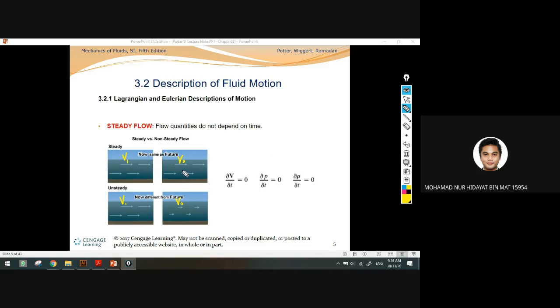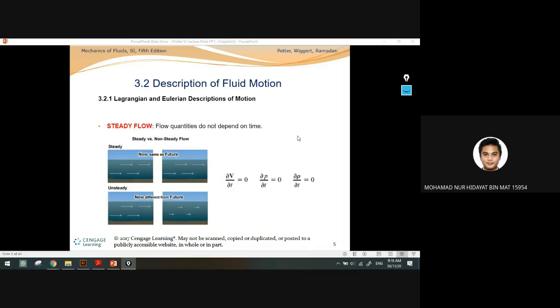Whatever time it is, whether past, now or future, it is the same. That is why we call it a steady flow. That means all the properties, the velocity, pressure and density, change over time is 0. That means constant. It doesn't change at all. So that we call a steady flow.